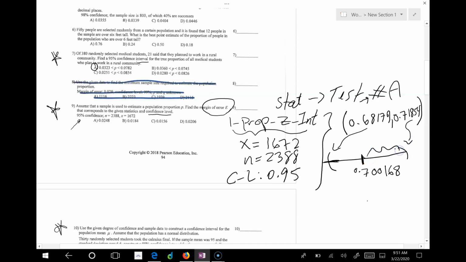Margin of error is this distance or this distance, which they are the same. In order to find that distance, if here is 0.71854, you need to subtract these two values. So E, again, you could have done it with these two numbers, the 0.68179 and the best point.